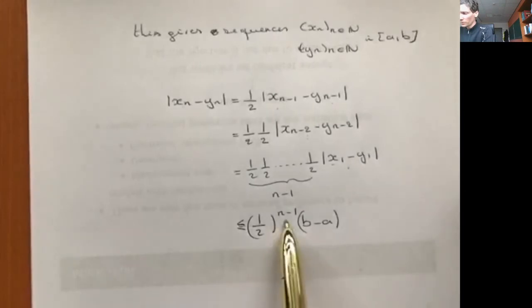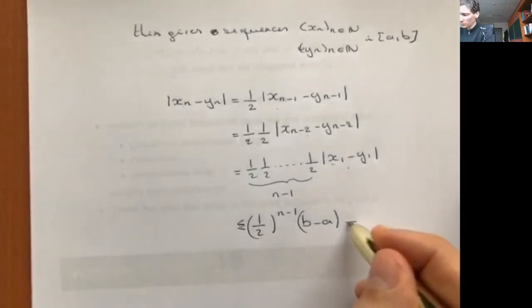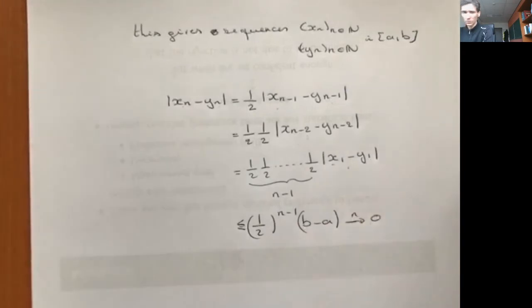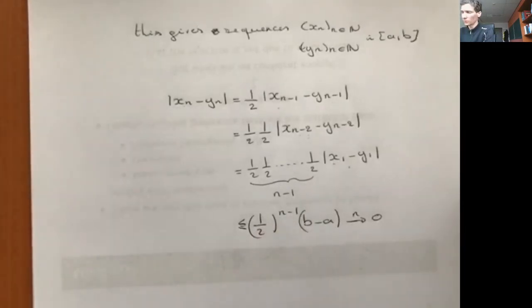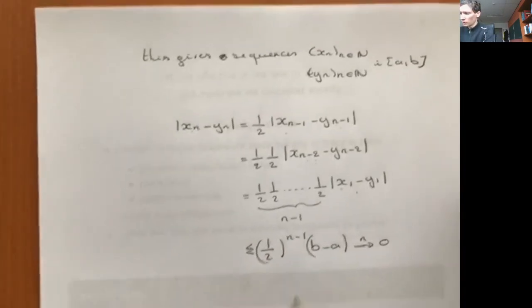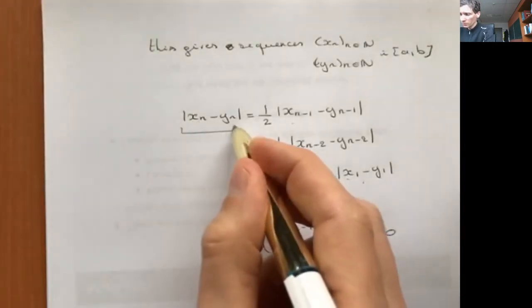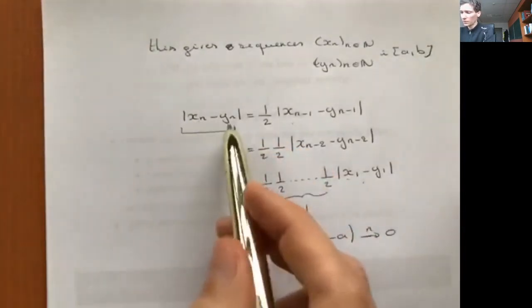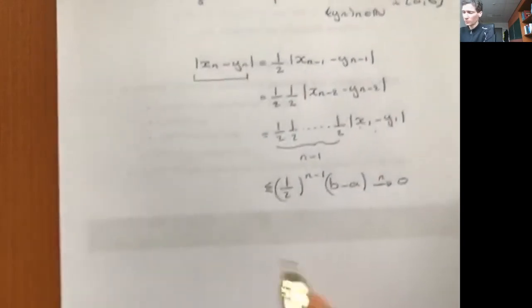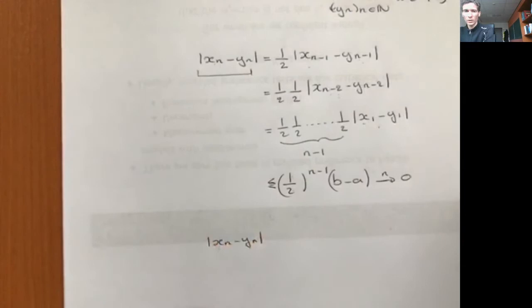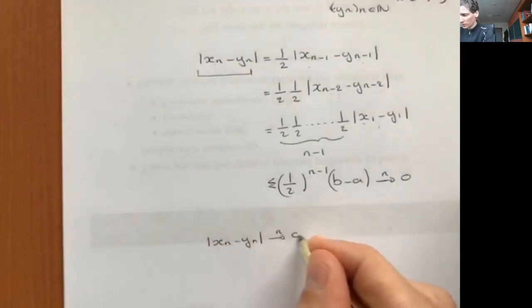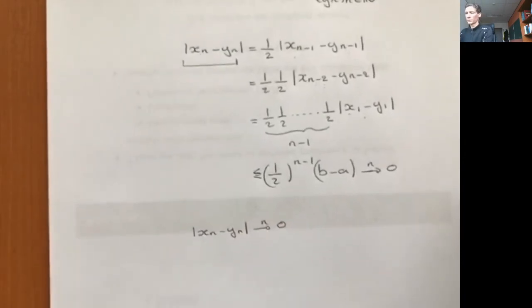If n goes to infinity, this goes to 0, something smaller than 1 to the power n minus 1. So we see that the sequence of numbers xn minus yn goes to 0. Xn minus yn is a number, you can put them in a sequence, and the sequence converges to 0.